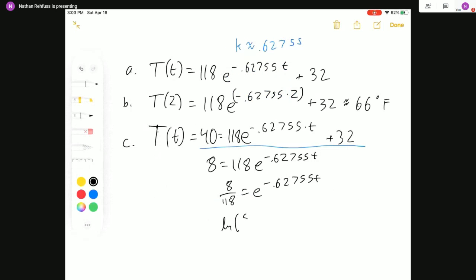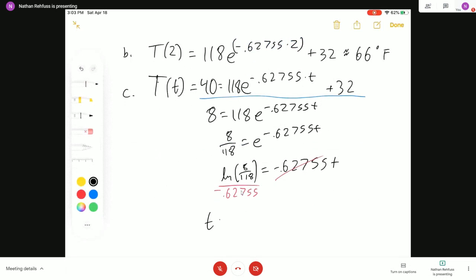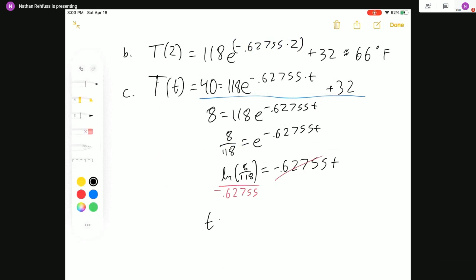Oop, not e. 0.62755 t. And in fact, I'm not going to write it on a whole other line. I'm just going to cross that out, divide by 0.62755. So that means that t is, plug this whole mess into my calculator, 4.288.